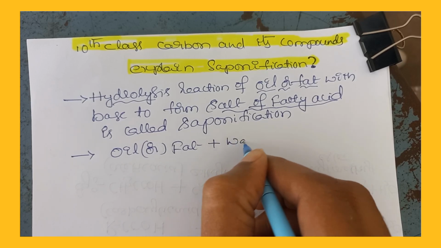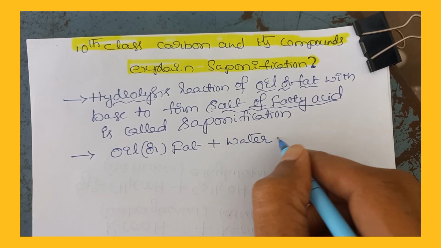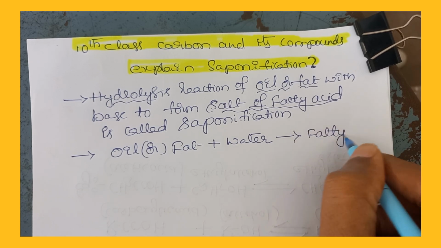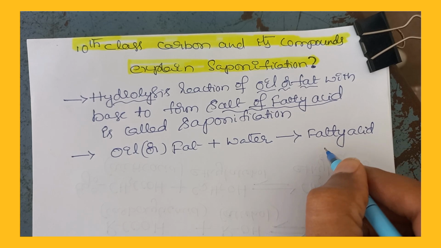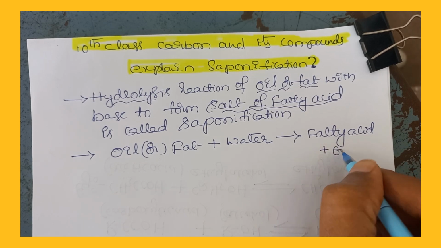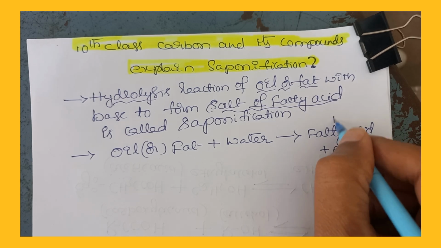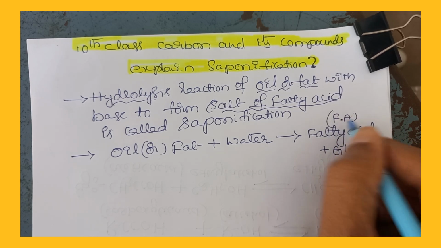Oil or fat combines with water, forms fatty acid plus glycerol. Glycerol is a byproduct. Fatty acid in short form is denoted by Fa.